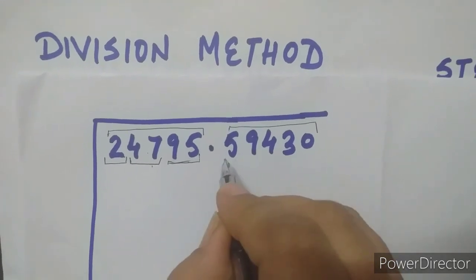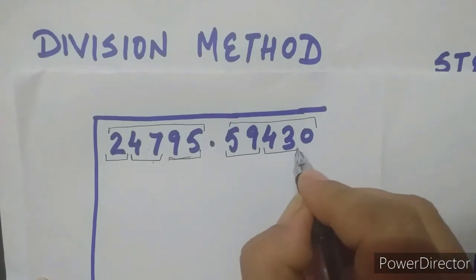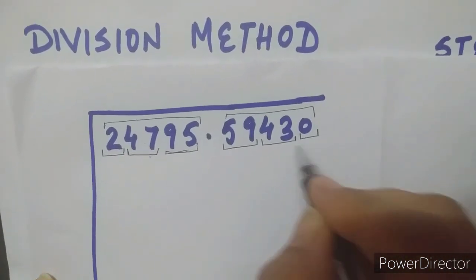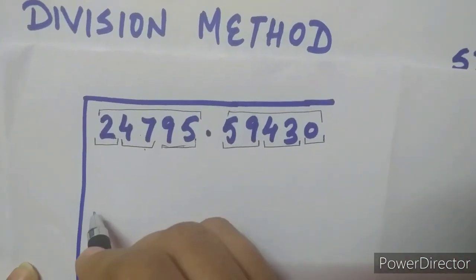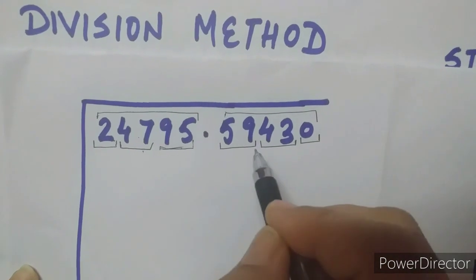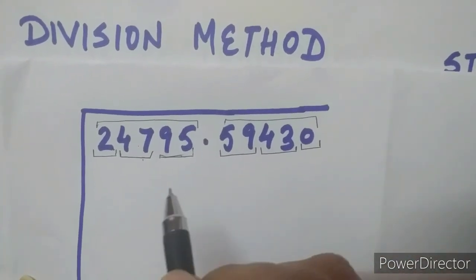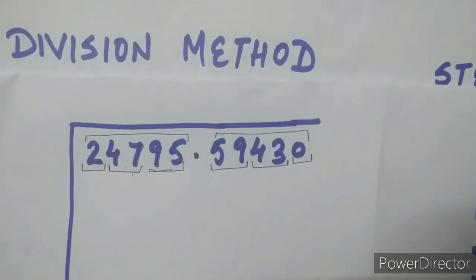So for the decimal part our first pair would be 59, then the second would be 43, and the third group, that is 0, will remain unpaired. Let it remain like this. Otherwise the method for getting the square root remains the same, but the pairing is done in a different way for the integral part and the decimal part.